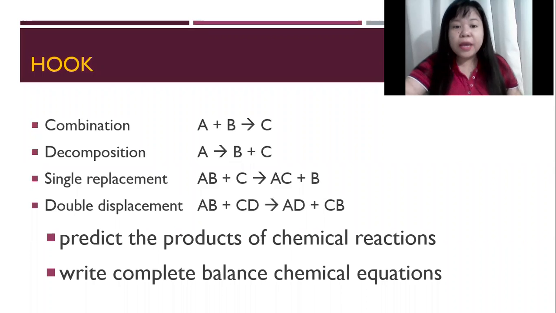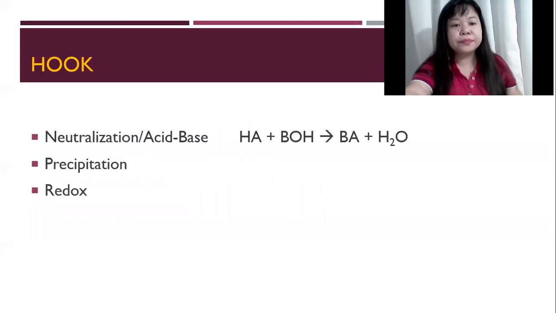So knowing these patterns allows us to predict the products of chemical reactions and also to write complete balanced chemical equations. These are also other, more specific forms of chemical reactions.